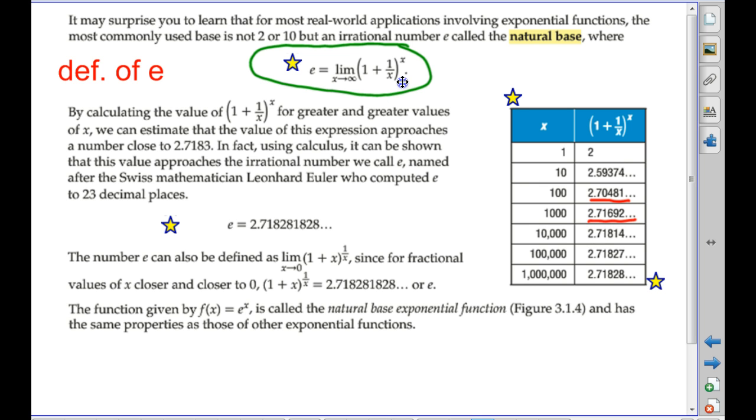The bigger the number that you put in for x, the closer this number approximates to a number that occurs in nature called e. It may surprise you to learn that in most real-world applications involving exponential functions, the base is not a 2 or a 10, but an irrational number called e, which is the natural base.